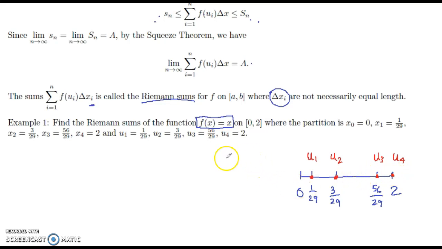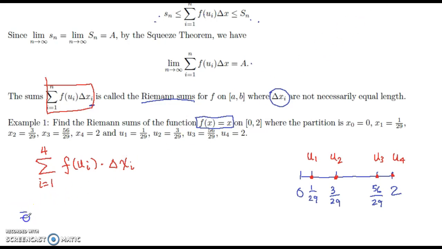So how do we find the Riemann sum? We recall the formula. This is the formula, so you write that down. The Riemann sum is the sum from i equals 1 to 4 of f of u sub i times delta x sub i.